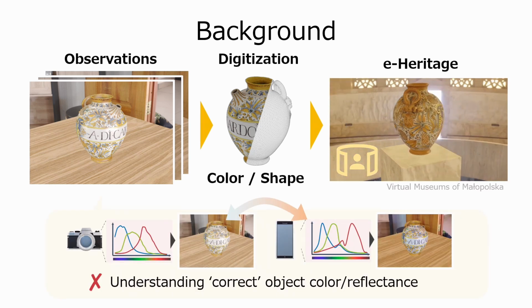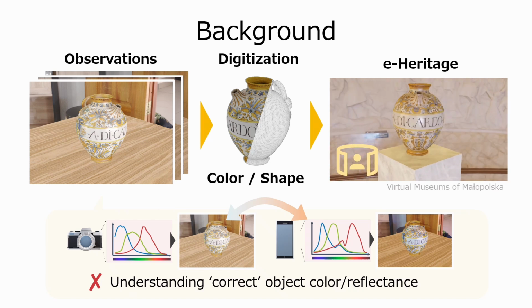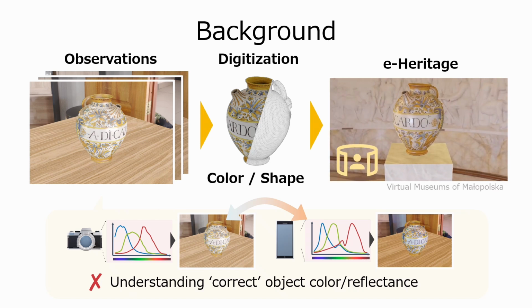Generally, when the same scene is photographed with different cameras, or even with the same camera but with different white balance settings, the colors recorded can vary significantly. In other words, it is difficult to determine the true color of an object.